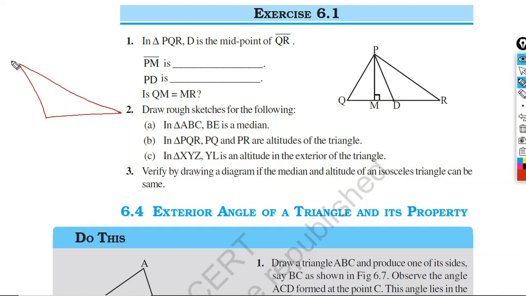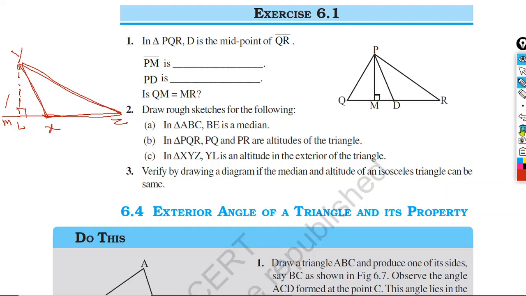So X, Y, Z is the triangle where YL will be the altitude, so we have to extend ZX up to, say, suppose M. Then you draw a perpendicular and name it L. Now YL is the altitude which is falling outside the triangle XYZ.